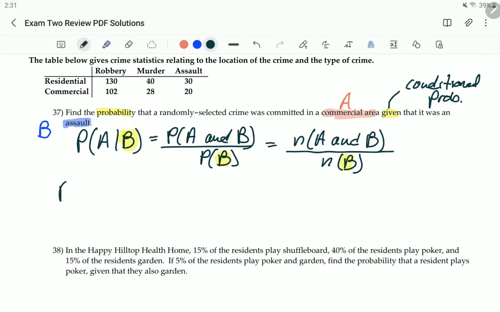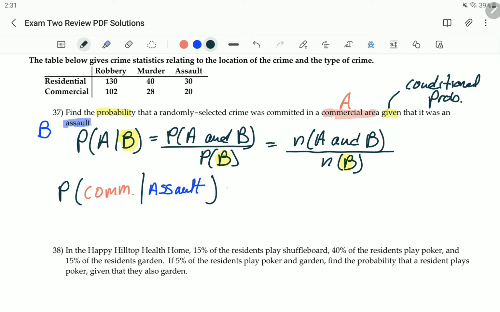So the probability that the crime happened in a commercial area, I'm going to abbreviate commercial with com, given that it was an assault. Now sometimes I can't spell assault right.